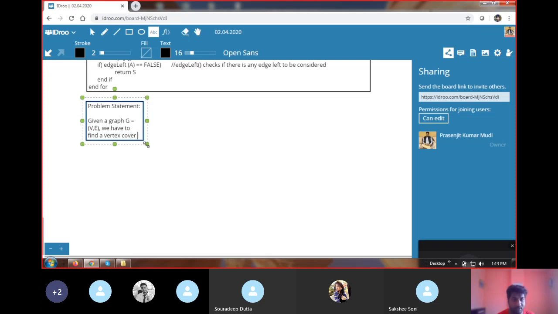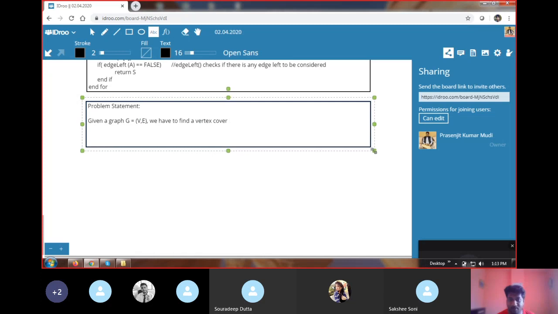Obviously, for any graph we can find a vertex cover, but in this case, given a graph G equal to V comma E and an integer k, we have to find whether that graph contains a vertex cover of size at most k.